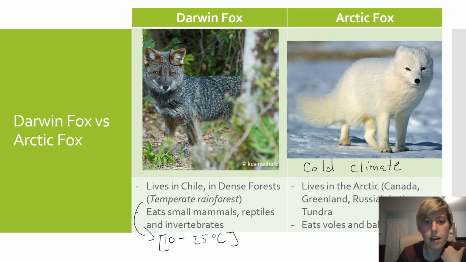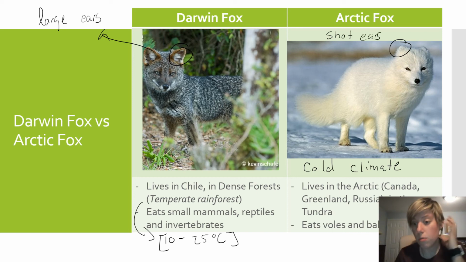If we're looking at the ears, the Darwin fox has large ears. The Arctic fox has short ears. Has to do with body temperature. The bigger your ears, the more heat escapes from the head.